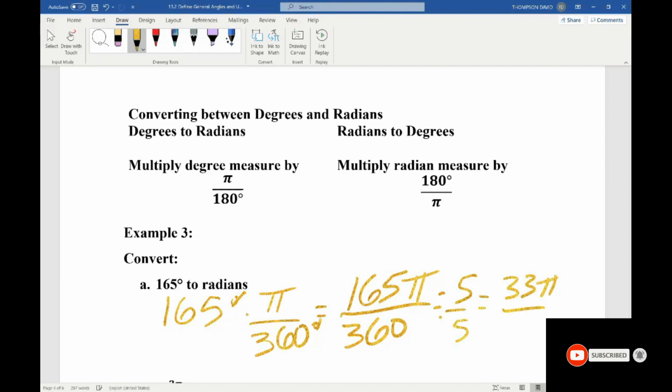So 33 pi over 36. I think we can do a little bit more. So let's try dividing by 3. We know 33 divided by 3 is 11.